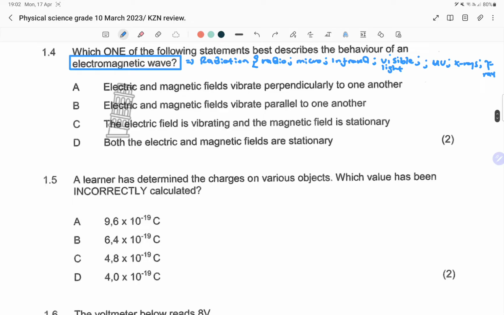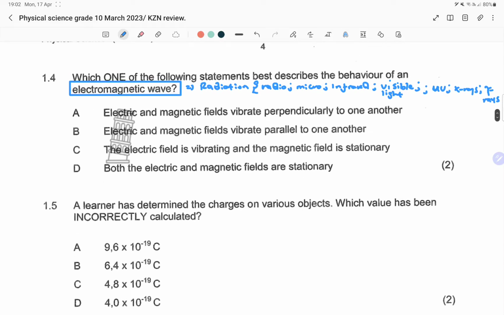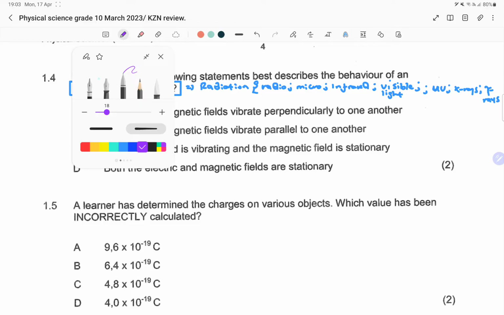Gamma rays, okay, not a problem. So please know them. This is low frequency, this is the highest frequency, and we are doing them in increasing order of their frequency or decreasing order of their wavelengths. Okay, not a problem.